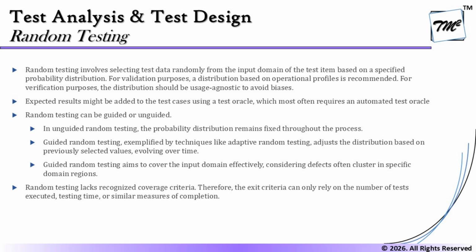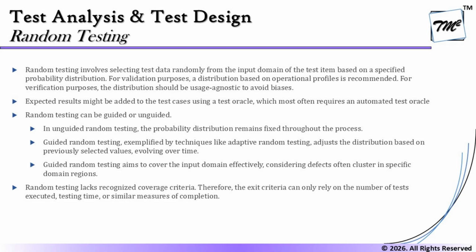Here the guiding is not just about the test cases, but also about the understanding of previously executed test cases, which can help you decide about upcoming test cases too. For example, if you have used equivalence partitioning and boundary value analysis and you would like to take some more additional values, not following a principle or a technique but utilizing your own experience, that can be referred to as guided random testing.